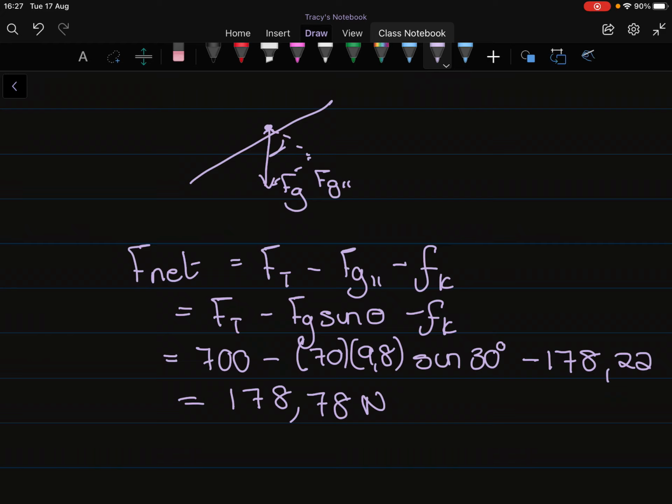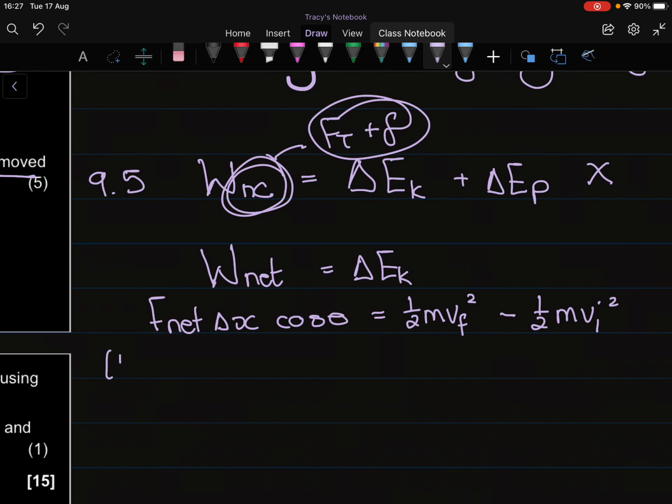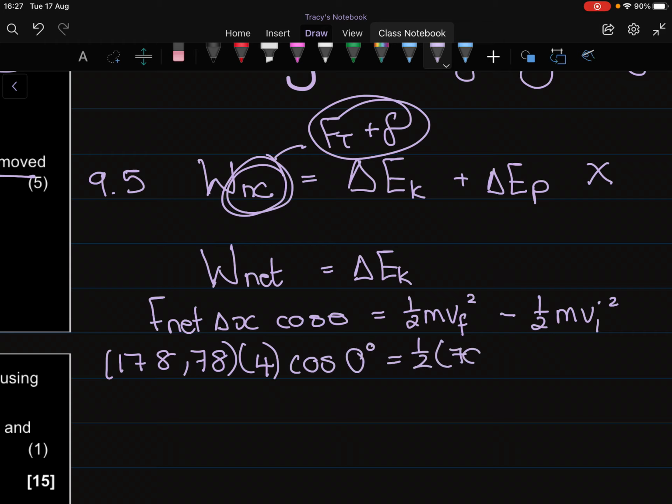Please don't read anything into that at all. So I know what F net is: 178.78. Delta x is 4. It's accelerating, so cos theta is 0. I have a half times 70 times Vf squared minus 0.